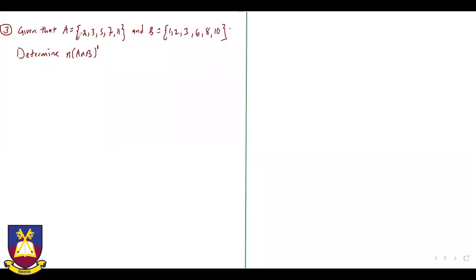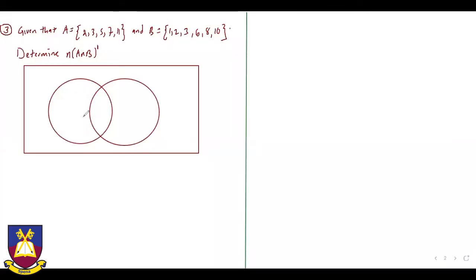Given that A is equal to {2, 3, 5, 7, 11} and B is equal to {1, 2, 3, 6, 8, 10}, determine the number of A intersection B, everything complement. This one means those elements that are not in the intersection of A and B. The easiest way to see these elements is to draw a Venn diagram. So let's put in the elements.